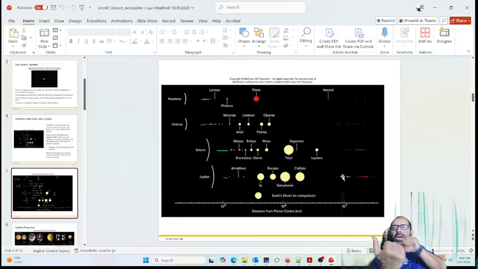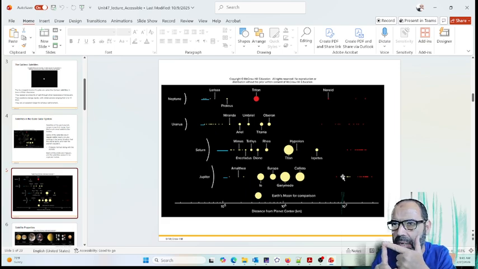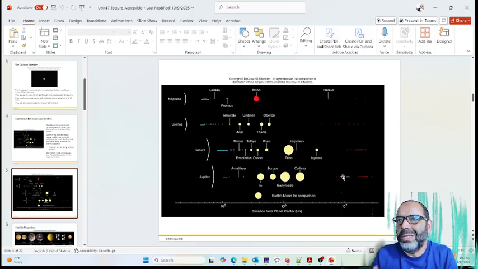Everybody's going counterclockwise, and that moon is probably going clockwise. So those are what make them irregular: their direction of rotation, the fact that they are not on the same plane, and the fact that they are on elliptical paths. That makes them irregular moons.